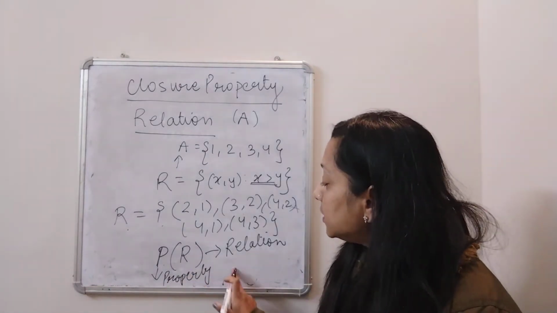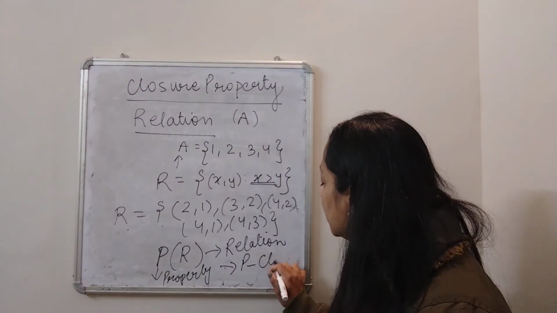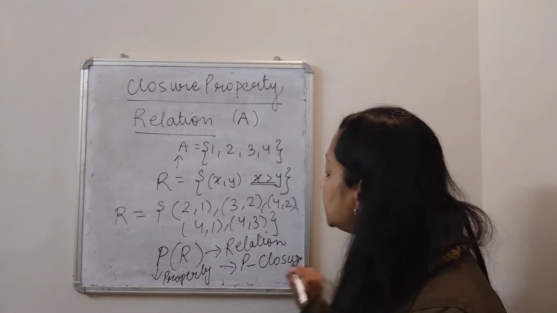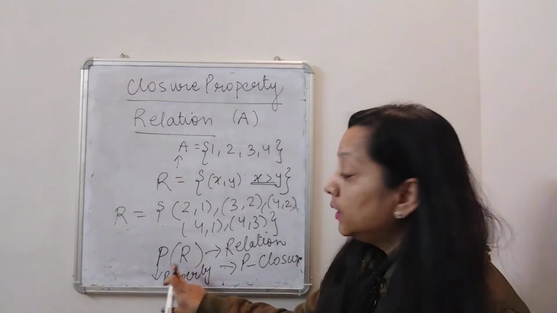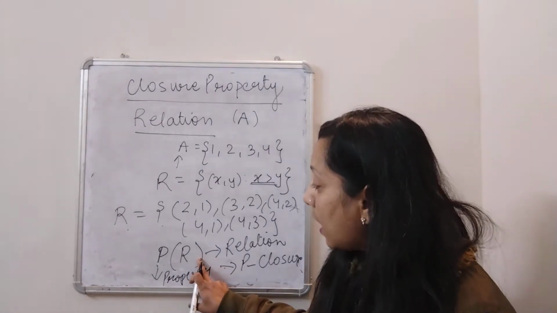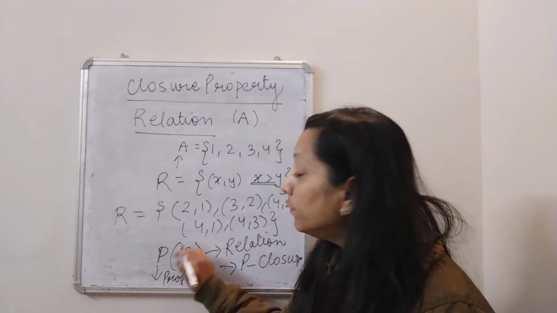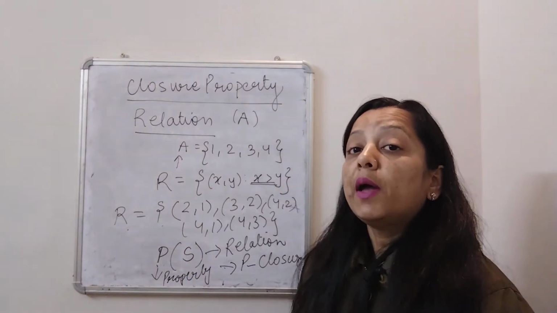So property is denoted by P of R and this is known as the P closure. This P of R means the property of a relationship set R, which is denoted by R. Here I can also write S. There is no compulsion that a relation will always be denoted by R only.